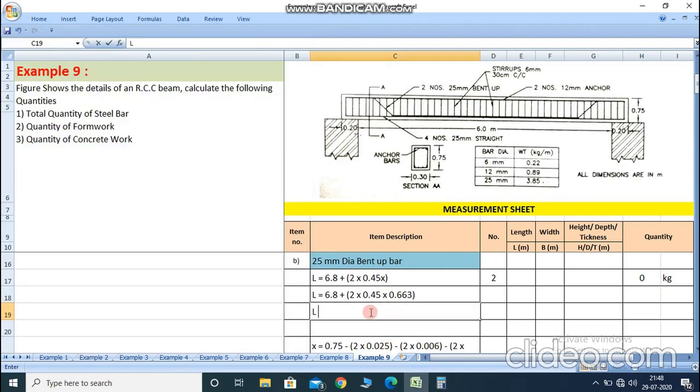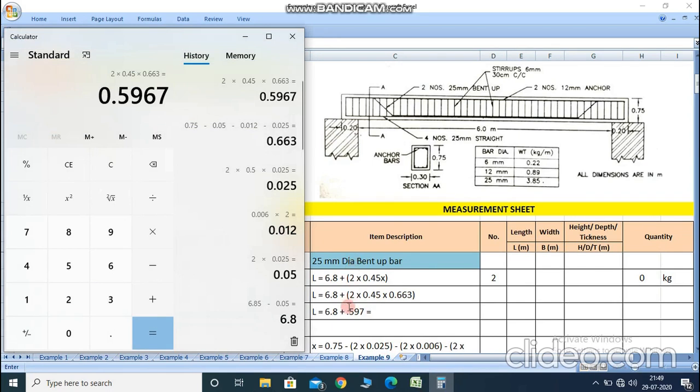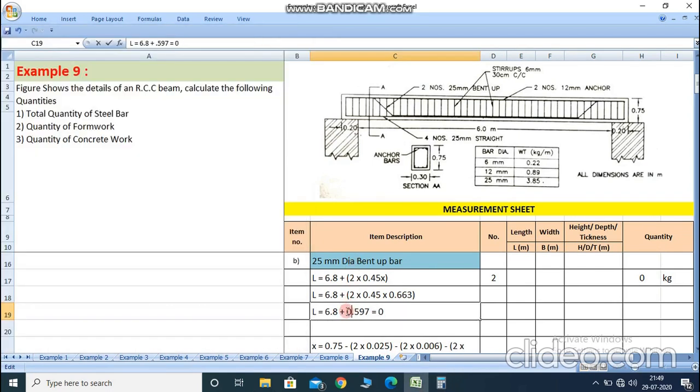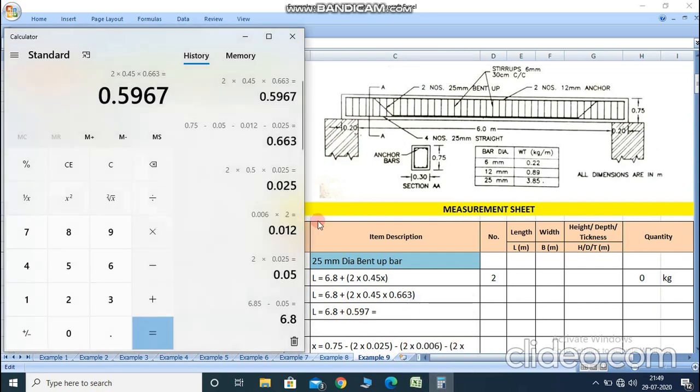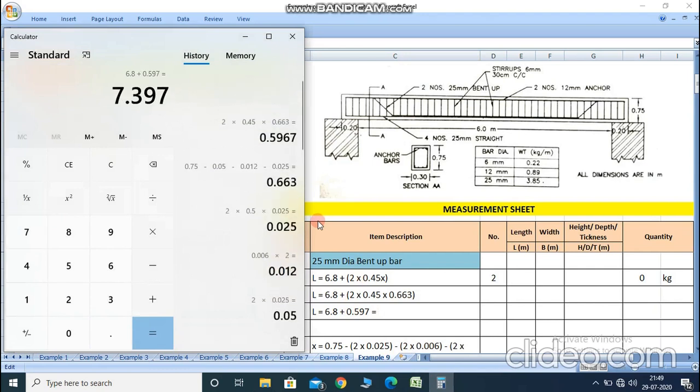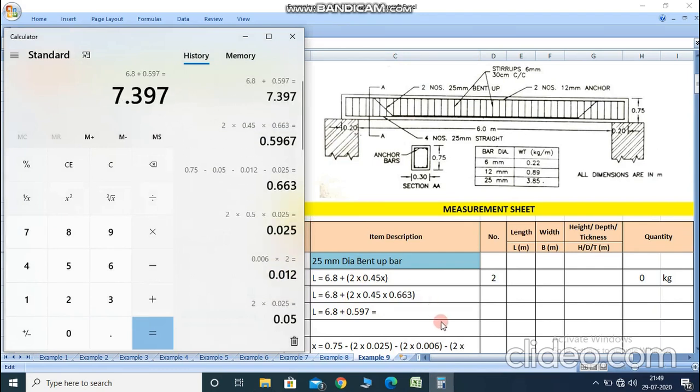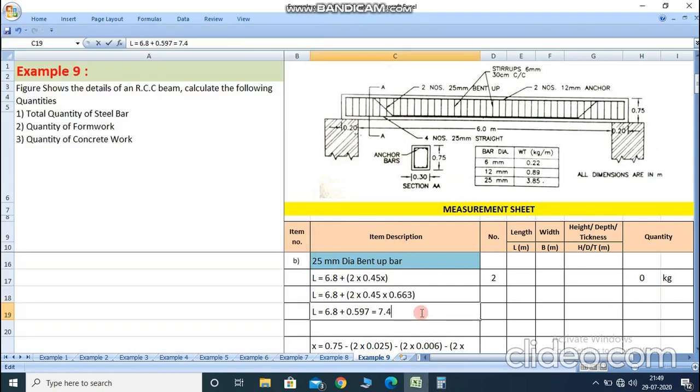So length is equal to 6.8 plus 0.597, which is 7.39, means we take 7.4 meter. So here the length is calculated as 7.4 meter.